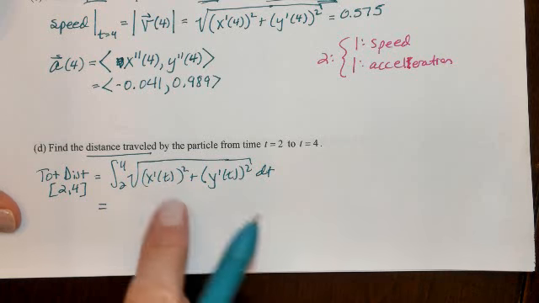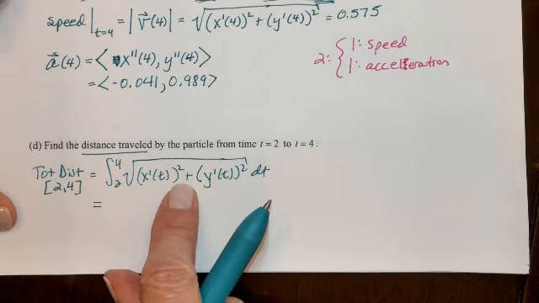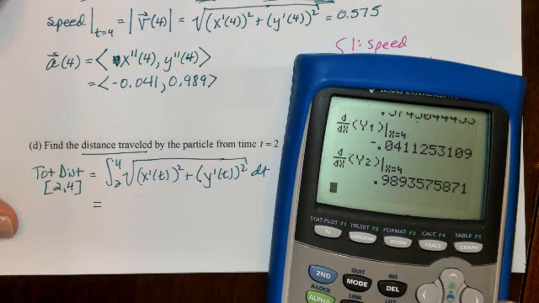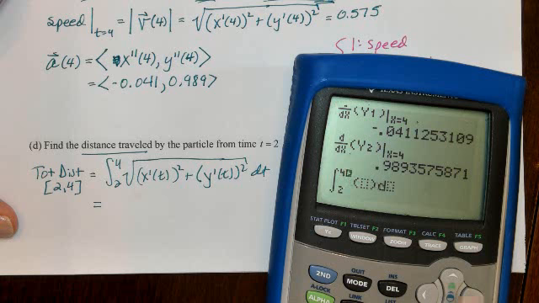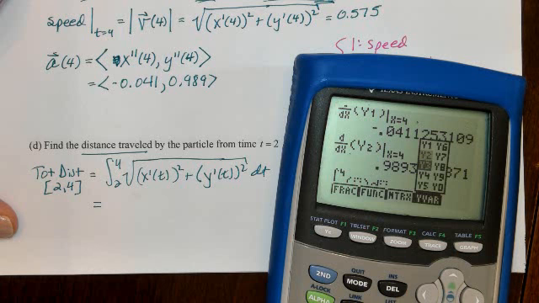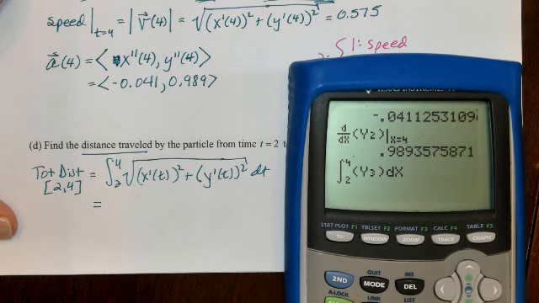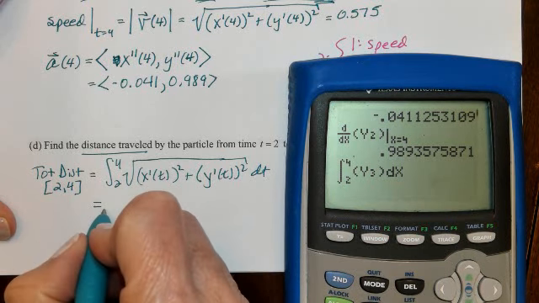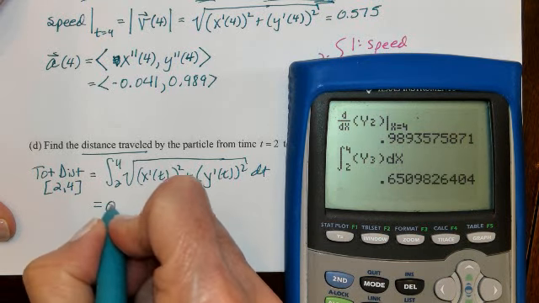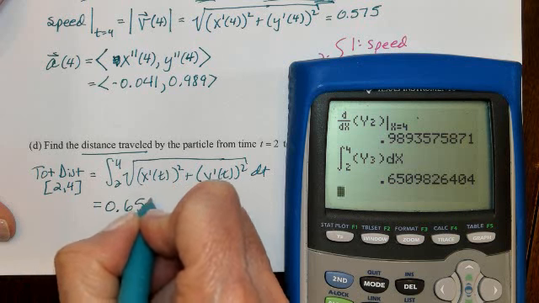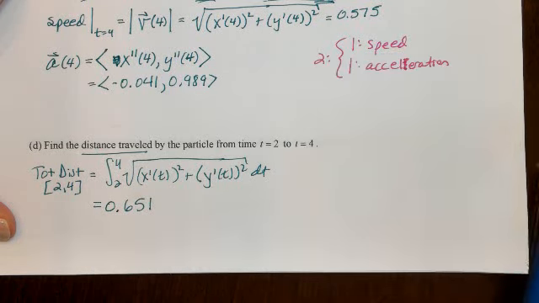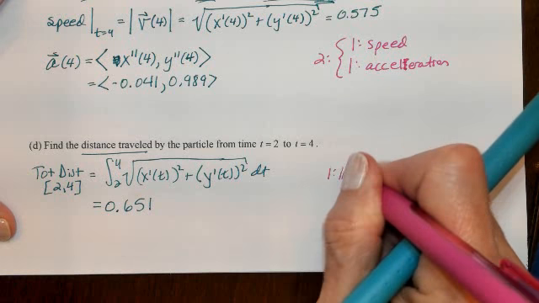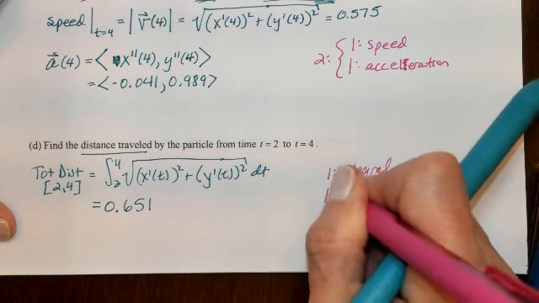Now for us, we have this square root stored in y3, so I'm just going to take the integral from 2 to 4 of y3. Working on it. So 0.651, or you could write 0.650 there. And that was worth 2 points. 1 point for the integral, 1 point for the answer.